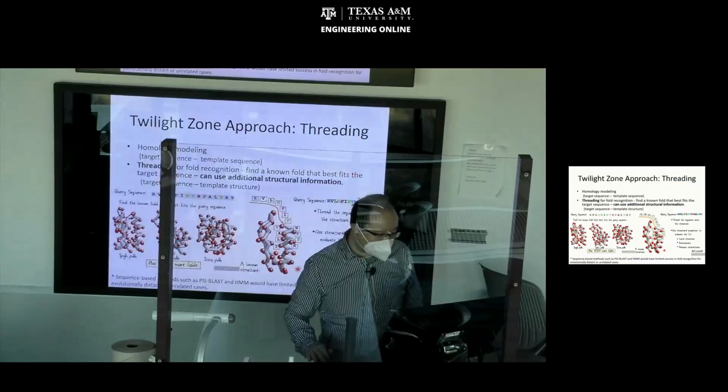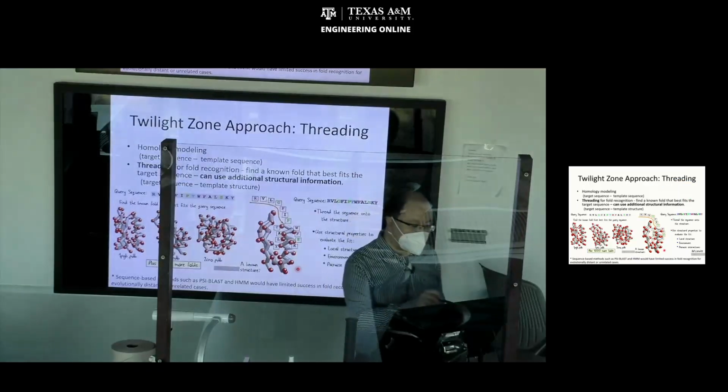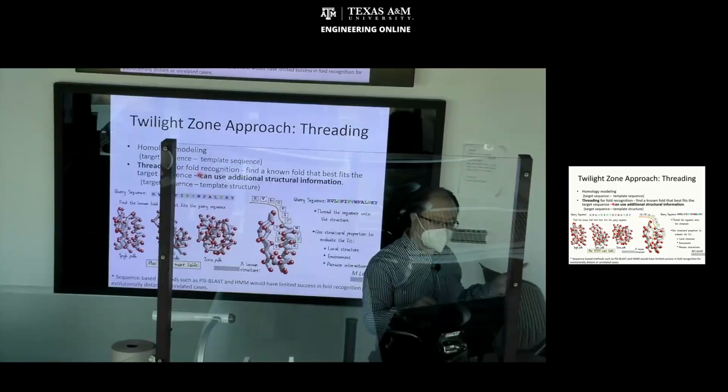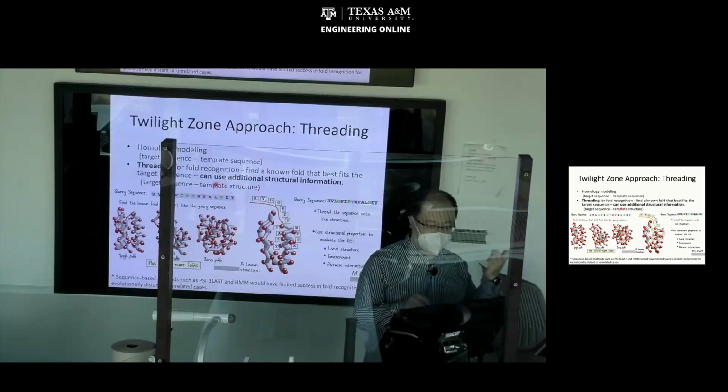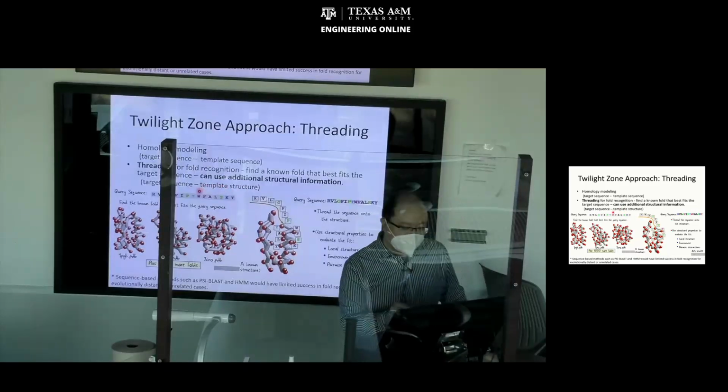With that observation, we talk about the twilight zone. The method is called threading. What I'm trying to say is: what additional data can you use? We previously did not use any potential template structure except the templates we eventually identified. So the additional data is the structure information in the database.